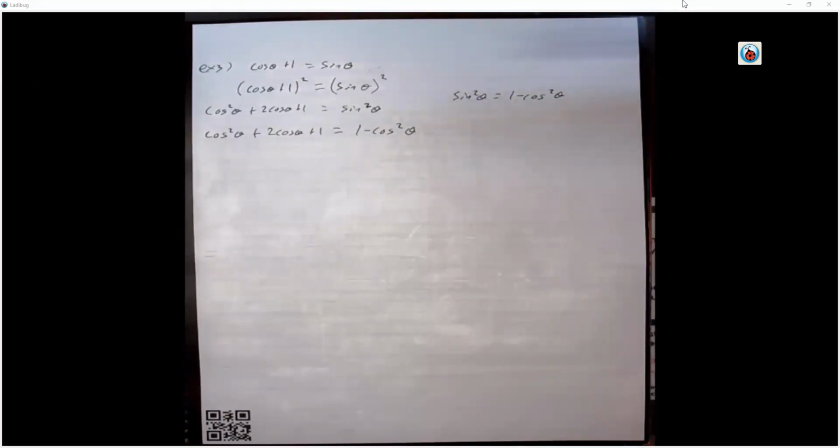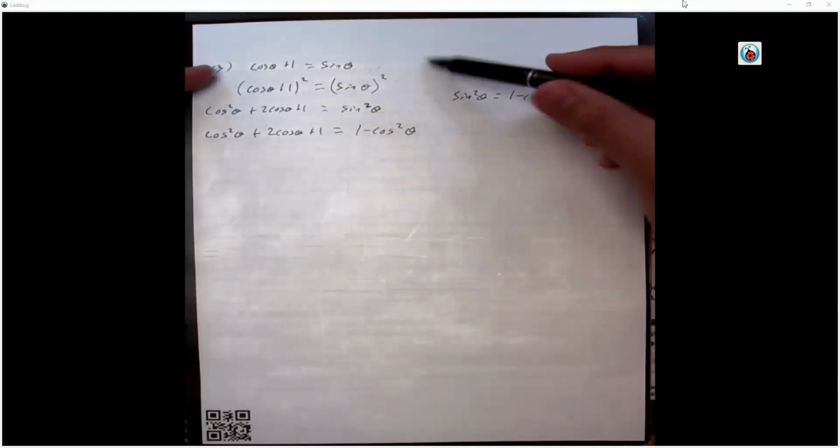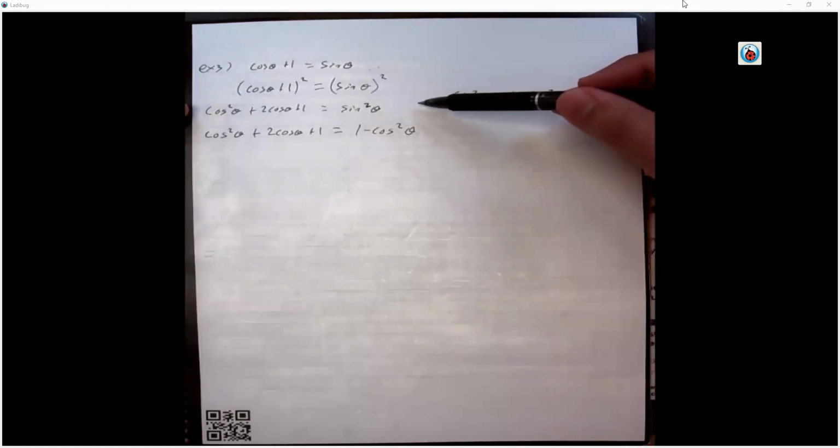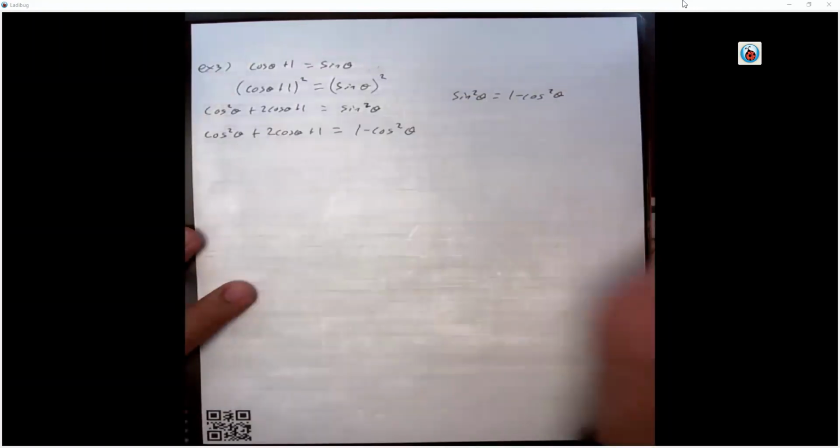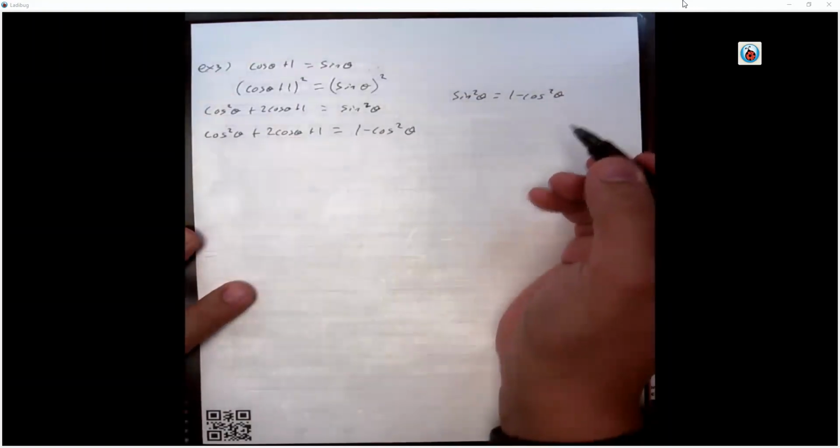So you're going to have to check every solution to see if you have a fake answer. That's the downside of squaring both sides, because when you square, you can do all kinds of stuff now, right? But the downside is you may have a fake answer somewhere, but we'll get to that in a second.